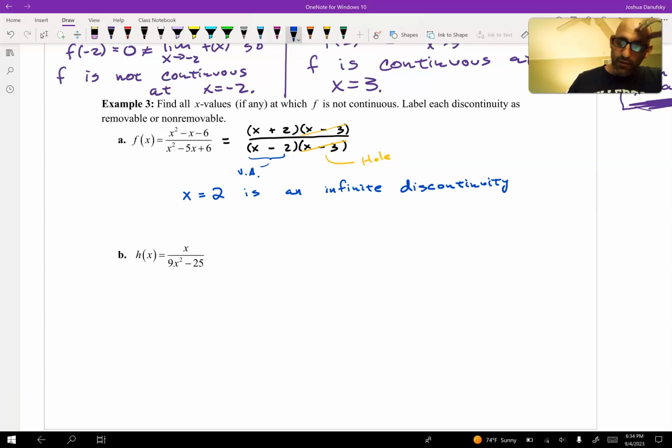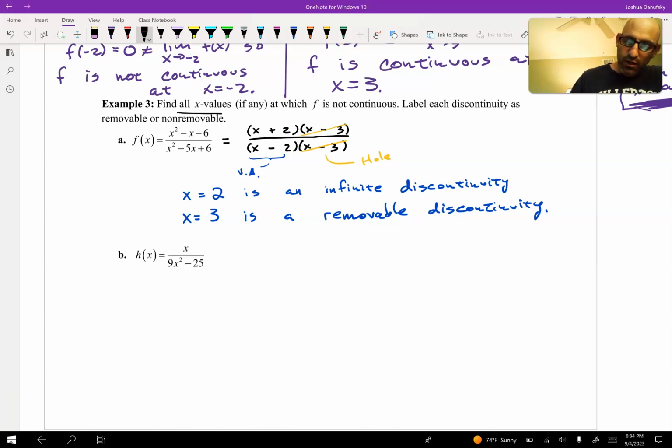And then at x equals 3, that is a removable discontinuity. As a matter of fact, I will probably go back to this worksheet and fix it.